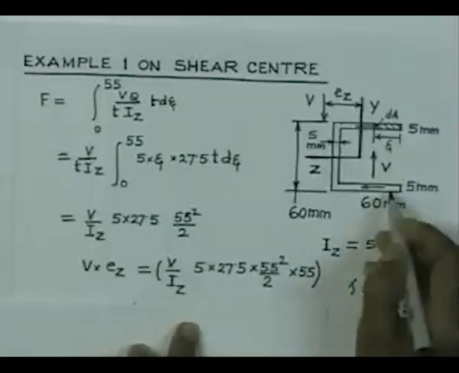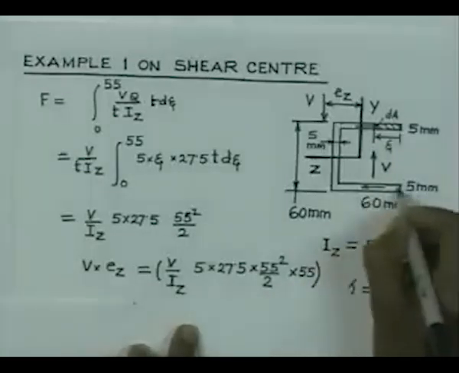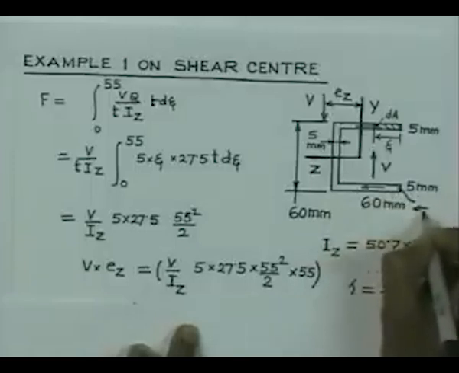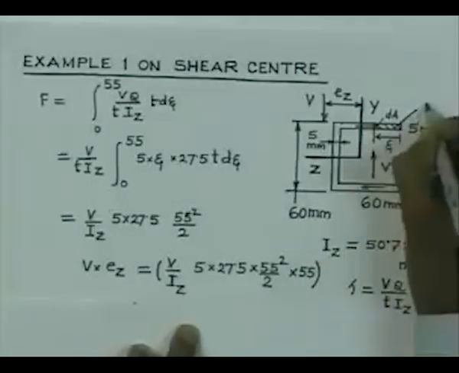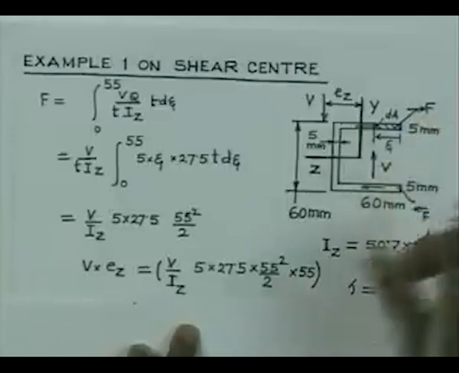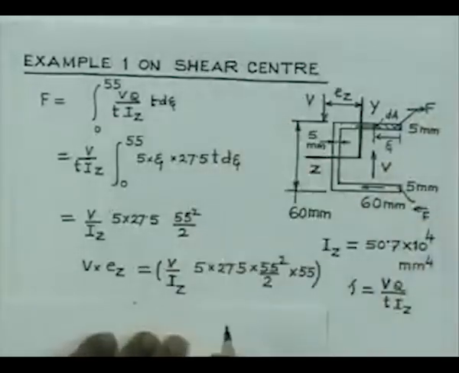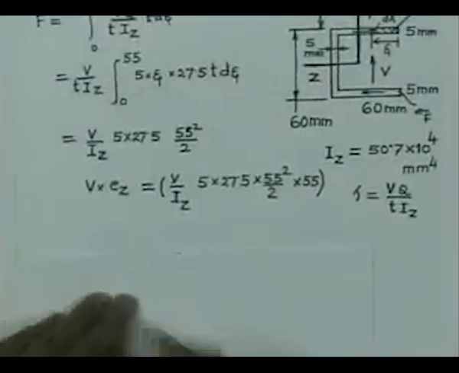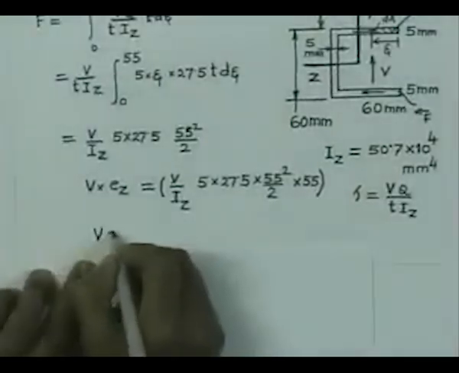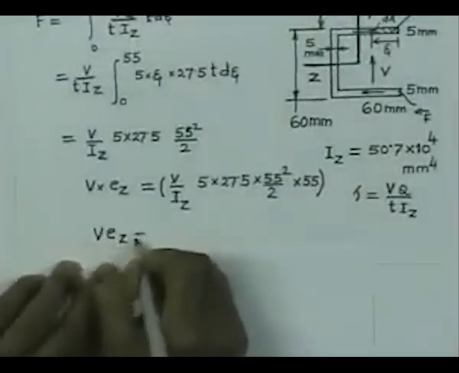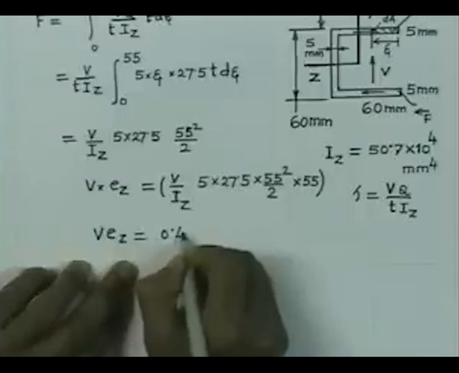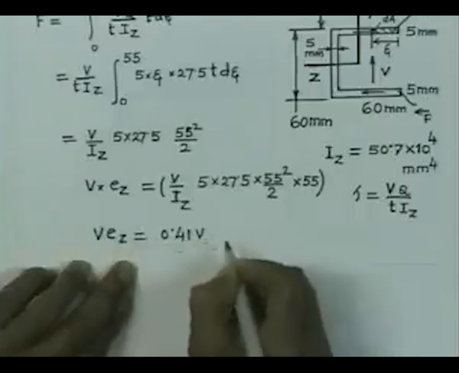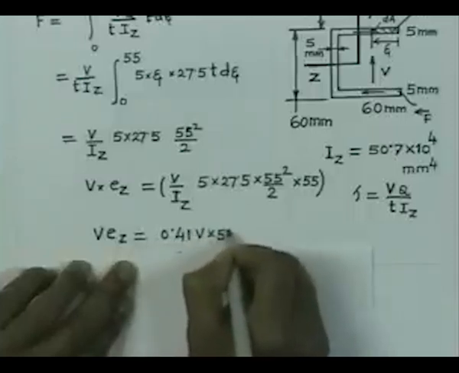So, the force F is acting on this arm like this, and on this arm it is like this. So, therefore, they produce a moment which is counteracting with this moment, and therefore, we can now simplify. It gives us V into E z is equal to 0.41 V multiplied by 55.